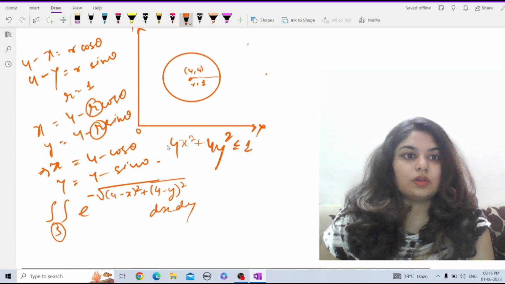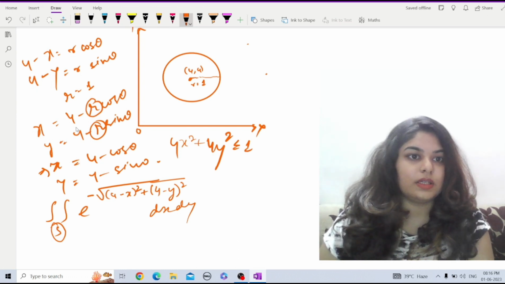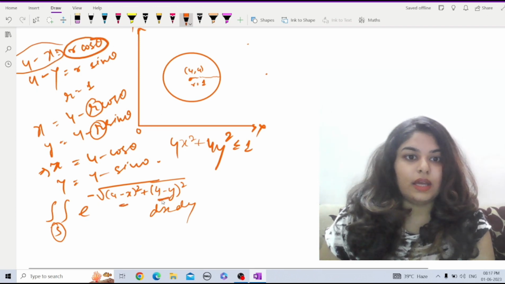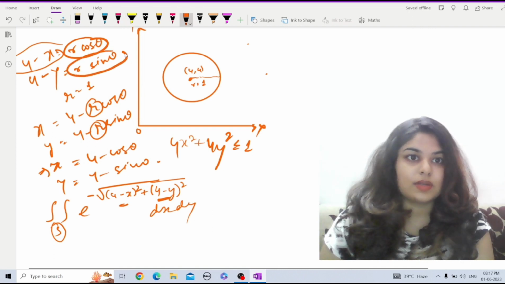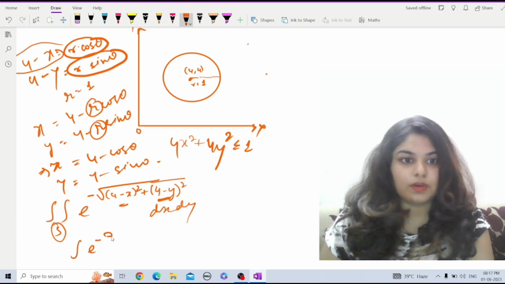So from here it is very clear that 4 minus x is r square cos square theta and 4 minus y is r square sin square theta. So this r square will come out, and we can write e to the power minus r, r dr d theta.